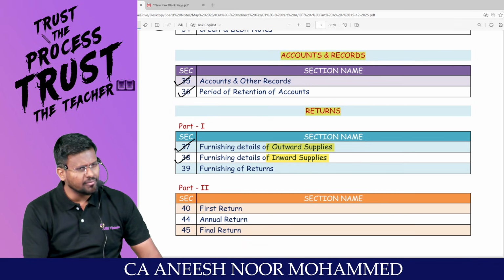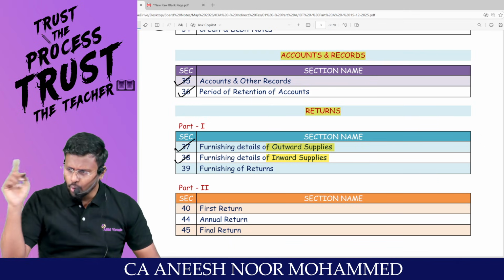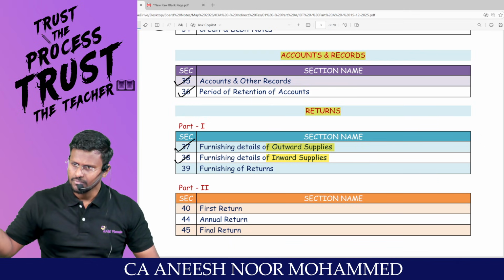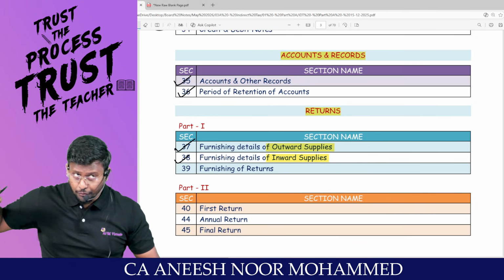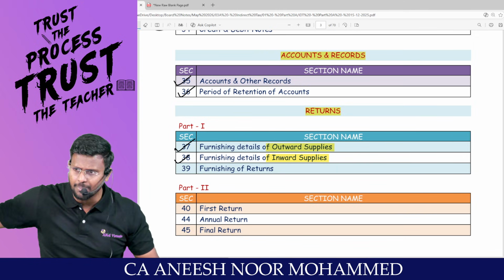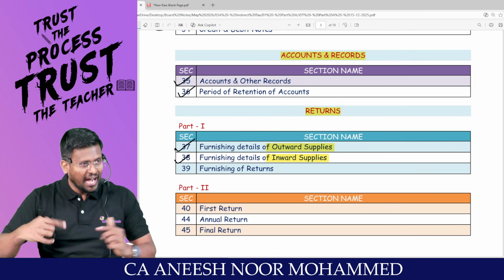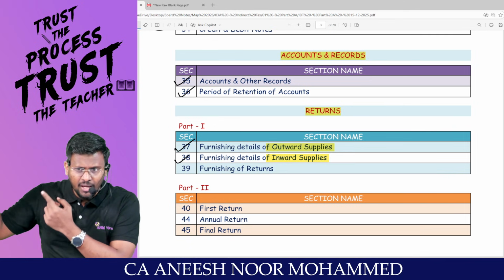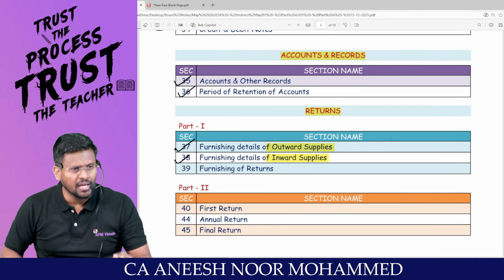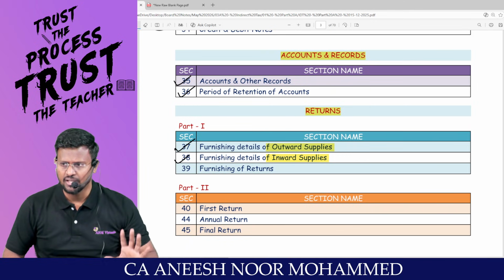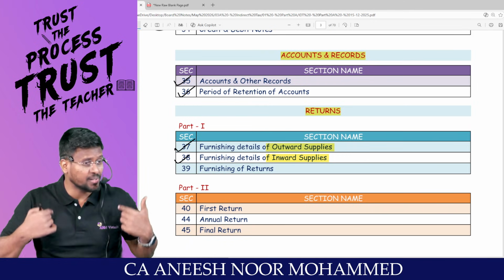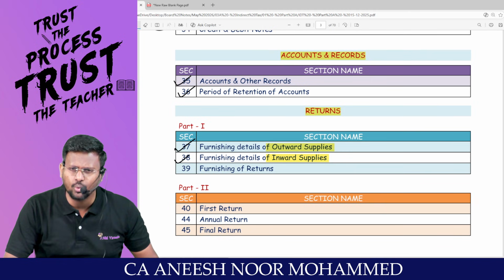From whom would I have purchased? From my supplier. For my supplier, it is an outward supply, whereas for me, it is an inward supply. After purchasing from my supplier, I will be selling to students. So that is an outward supply for ANM and an inward supply for the students.